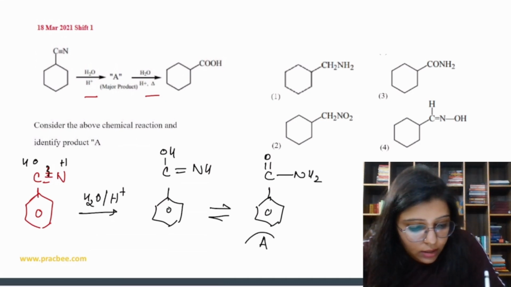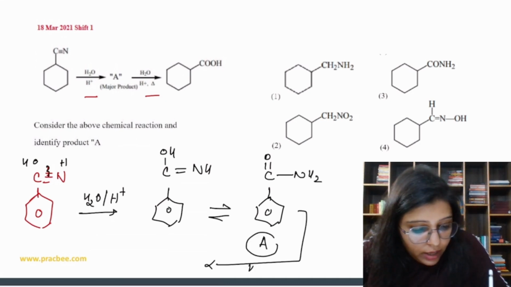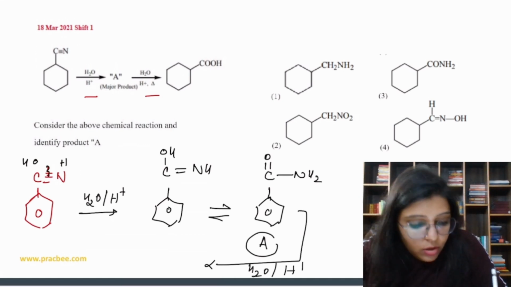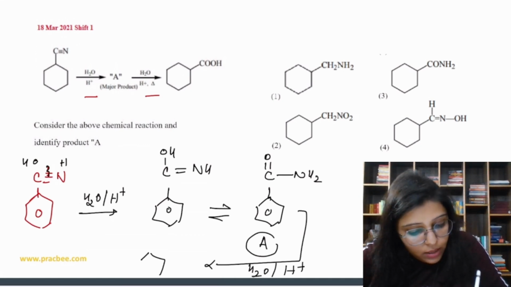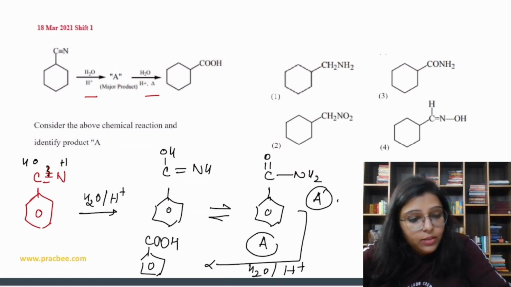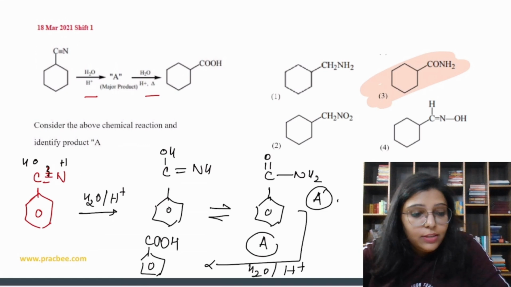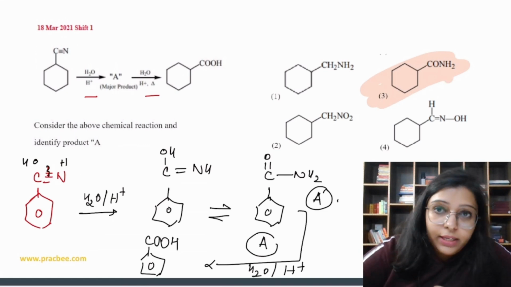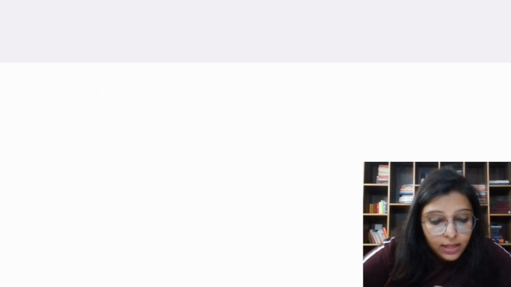So this is A. Then this amide on hydrolysis gives carboxylic acid. We have to find A, right? So option 3 is going to be the correct answer.